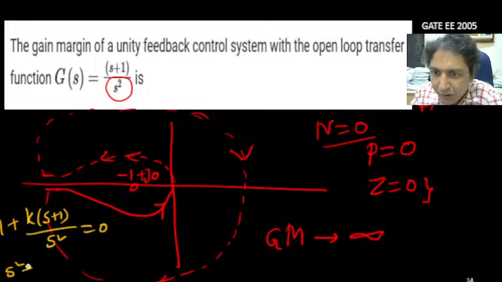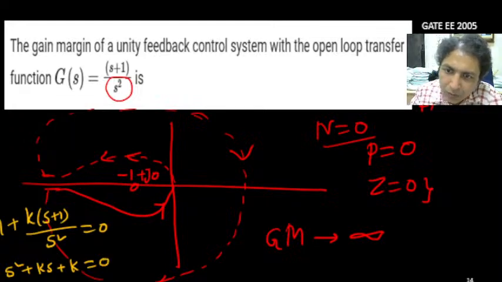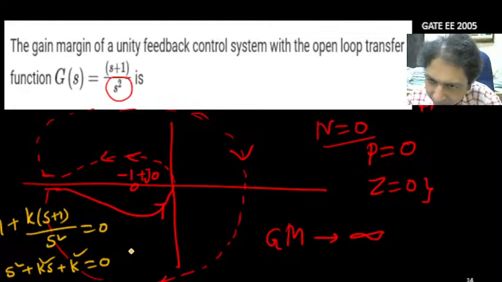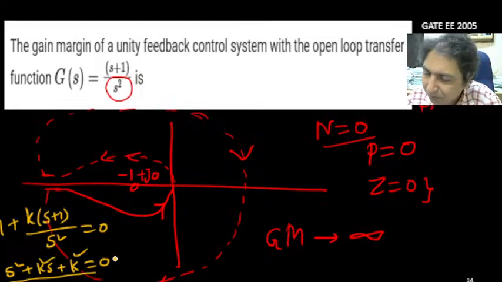So it will be s square plus ks plus k equals 0. If you solve this equation, if all the coefficients are positive, then obviously you can expect that the roots will be on the left hand side of the S plane. Could be complex, that does not matter, but the system will remain stable. So in a second order equation, if all the coefficients are positive, then the system is stable. That's all.